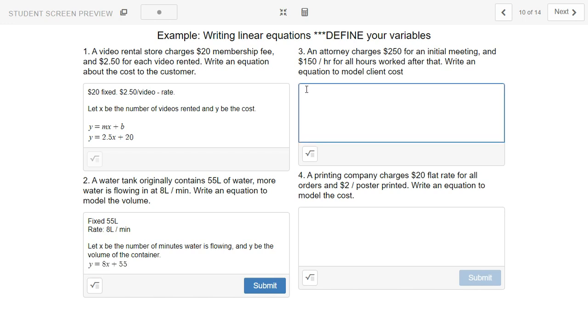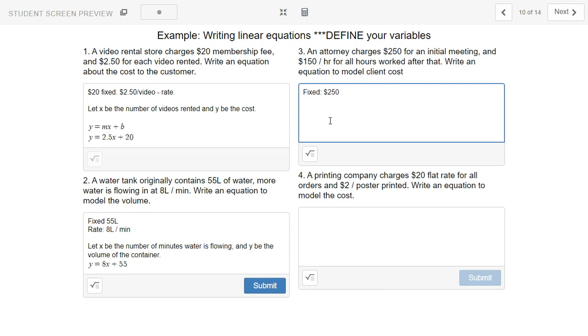All right, question 3. An attorney charges $250 for an initial meeting and $150 per hour for all hours worked after that. Write an equation to model client cost. Okay, what we have here is the fixed amount, $250.